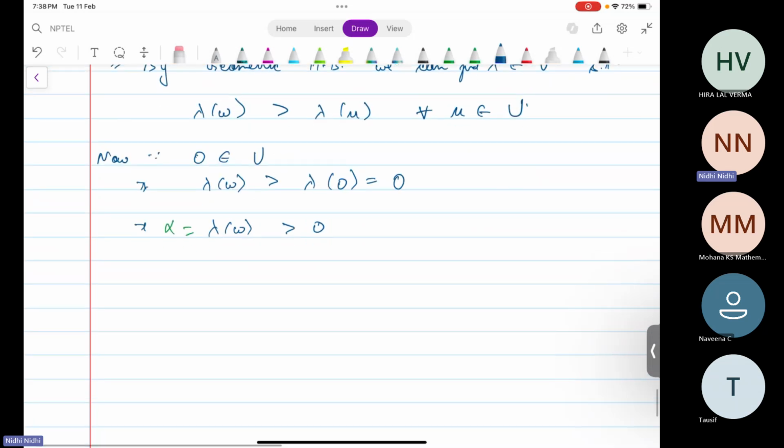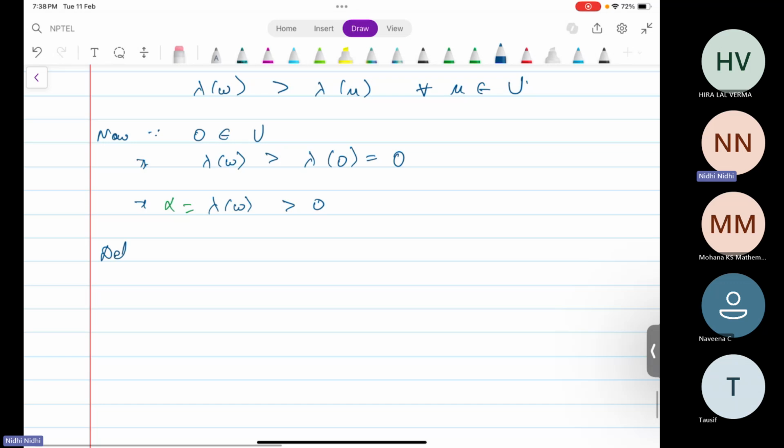Now I define lambda bar from V to R such that lambda bar at any point u is just norm f by alpha times lambda u for every u in V. Now we will see that this lambda bar will be the required extension.